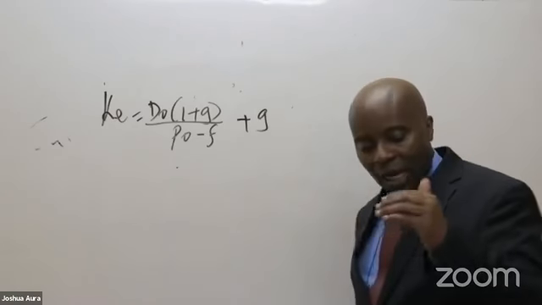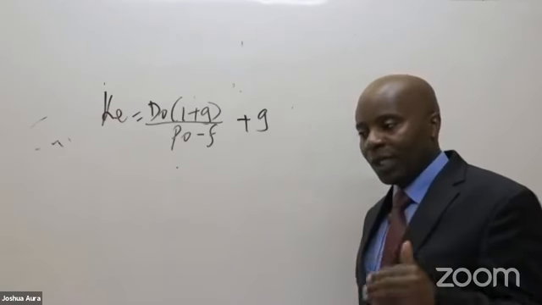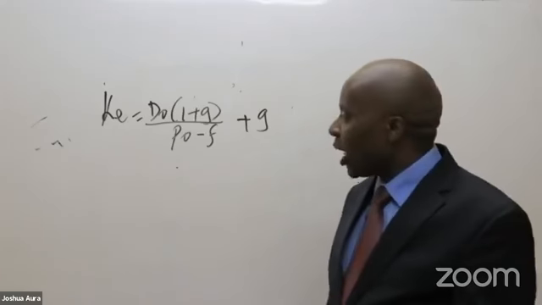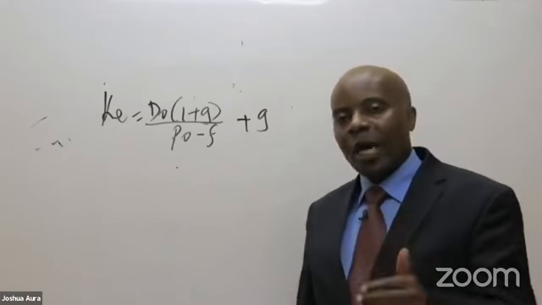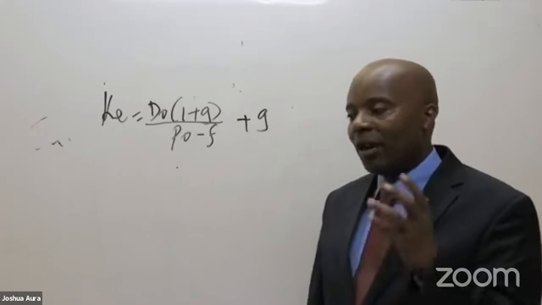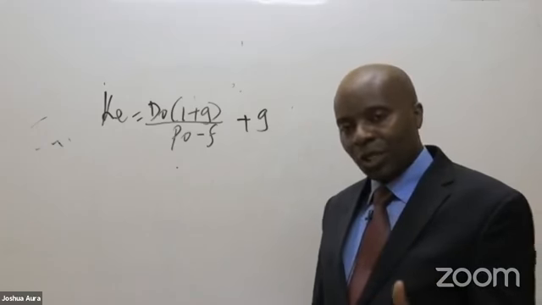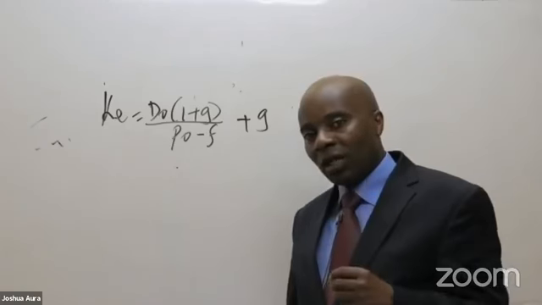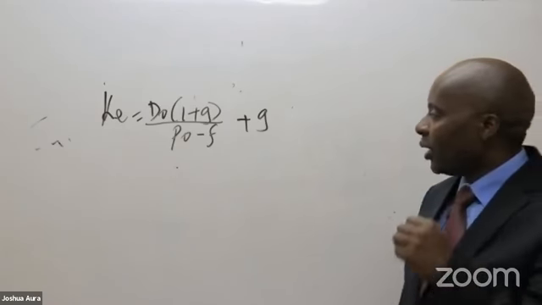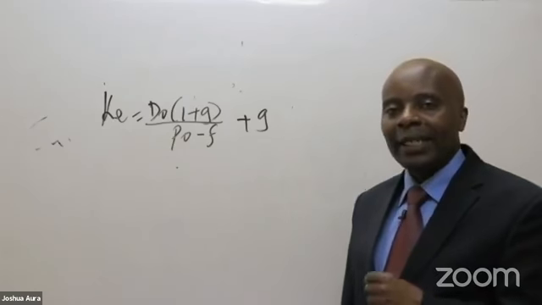So please write down this formula. Cost of equity equals D0 into 1 plus g all over P0 minus flotation, and then at the end of it all, we have the growth rate being added.